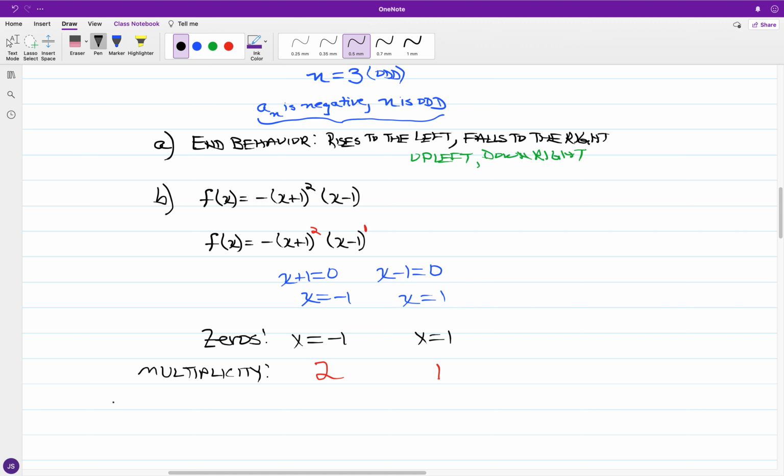And in terms of whether the graph crosses or touches the x-axis along these zeros, anything that has even multiplicity, in this case negative 1 with an even multiplicity value of 2, is going to touch the x-axis at x equal to negative 1.